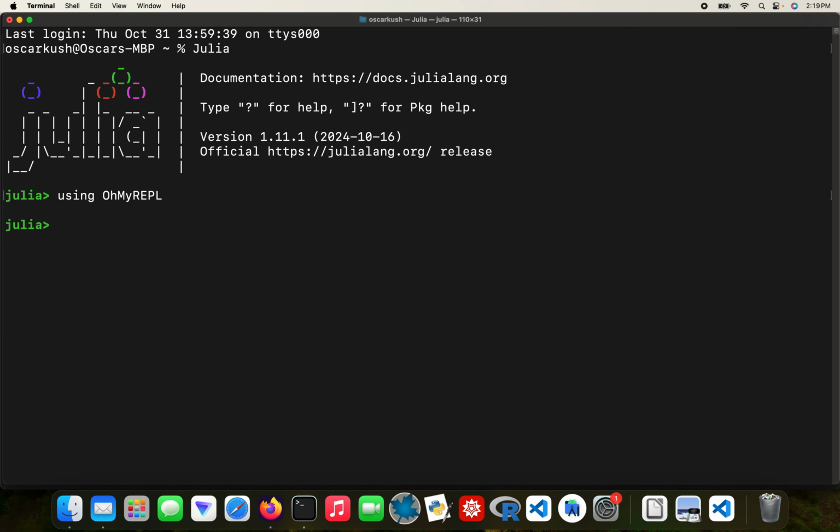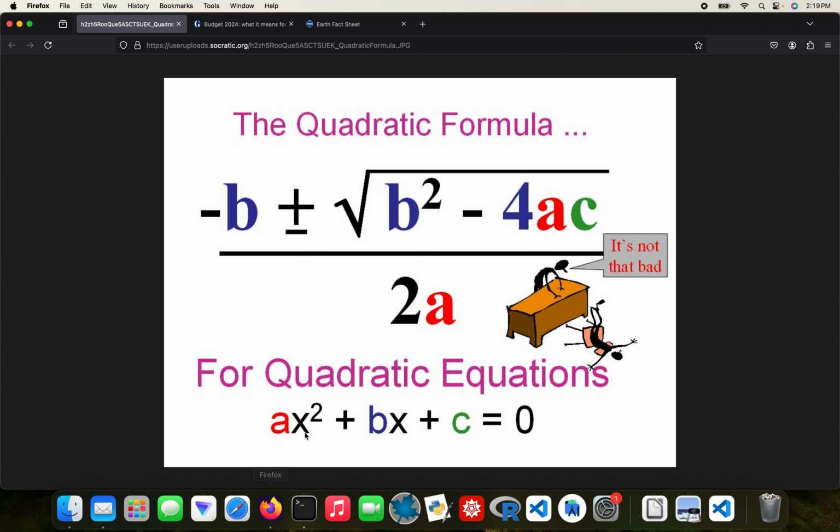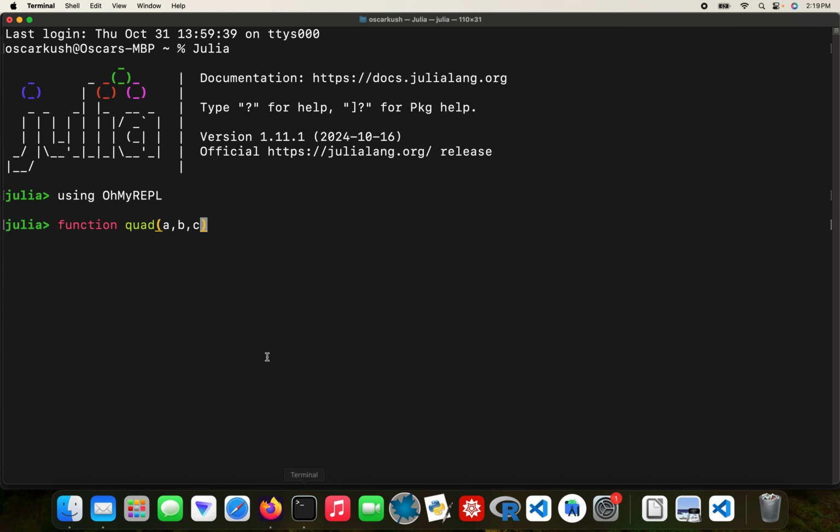So that's loaded. Type in function, and then quad, with a, b, and then c. So these are the coefficients. The brackets are also auto completed for us.